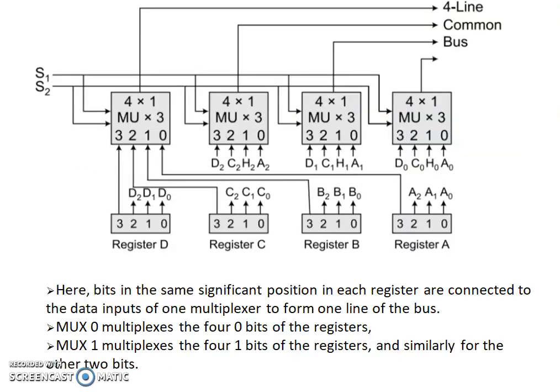We can see this with the help of an example, with the help of the diagram. Here, four multiplexers are being used, and there are four registers, A, B, C, D. Each register has 4 bits, so 4-bit lines will also be there inside the bus.